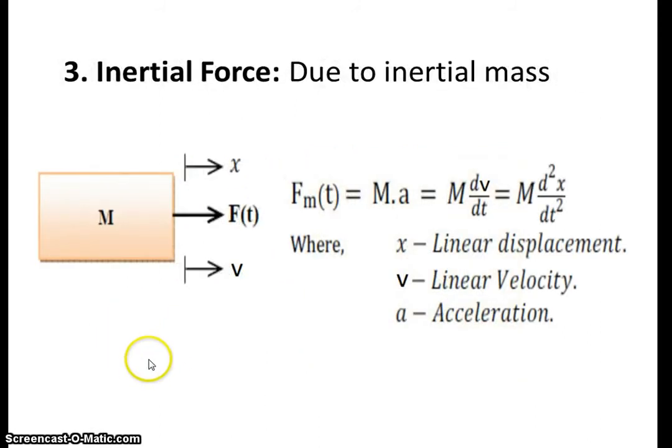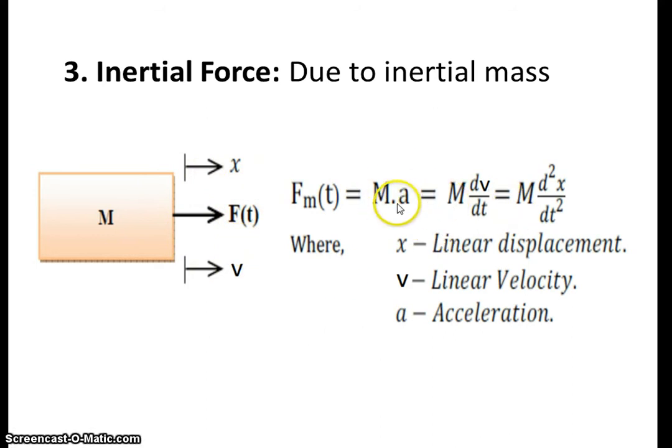The third component is the mass, and it will exhibit an inertial force. This inertial force is due to the inertial mass. So this inertial force is just equal to the mass times its acceleration. If a force is applied to this mass, then this mass will move in the direction of the force, and it will also have a velocity in that same direction.